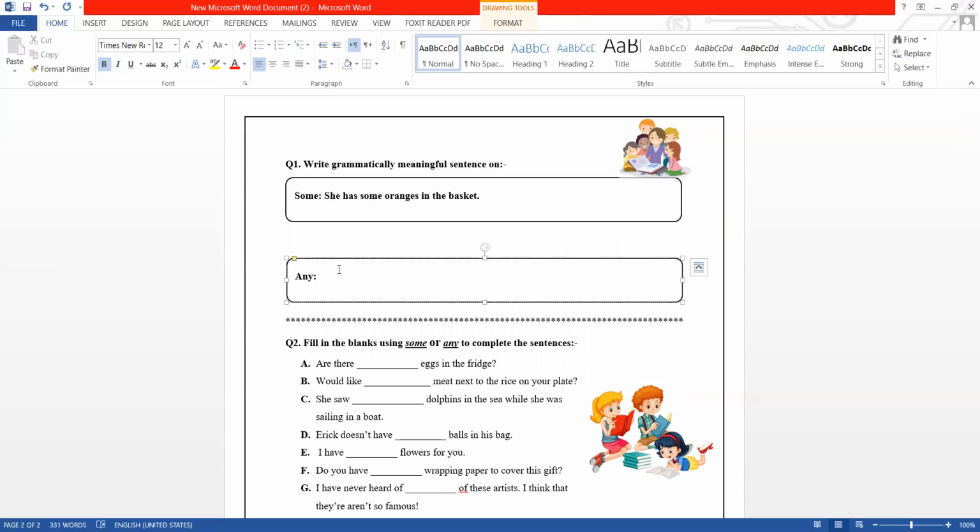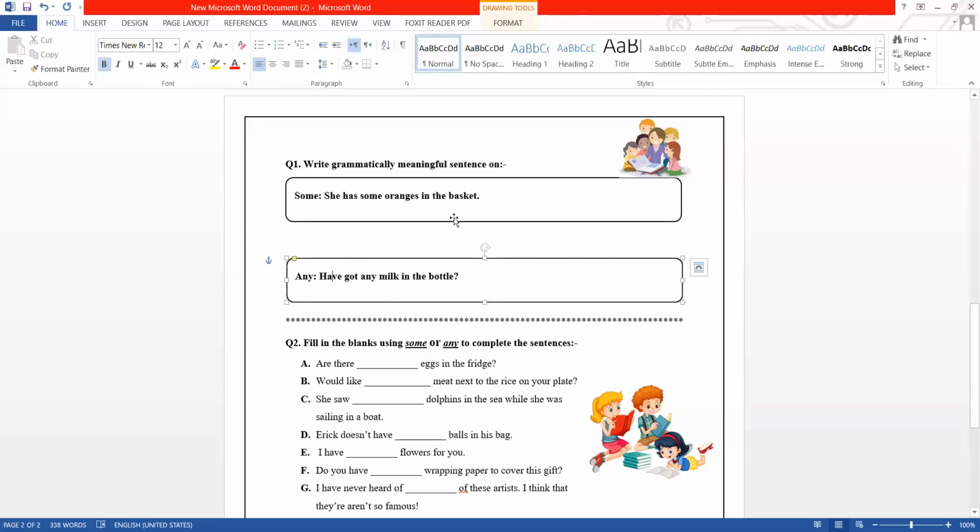We can say, have you got any milk in the bottle? Bravo. Milk is an uncountable noun. And here we have a question, which is, have you got any milk in the bottle?